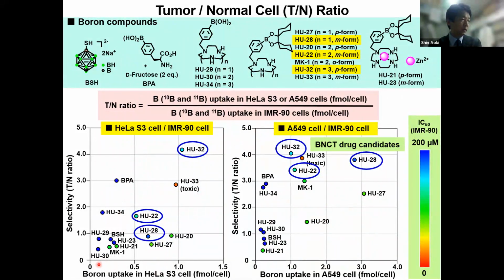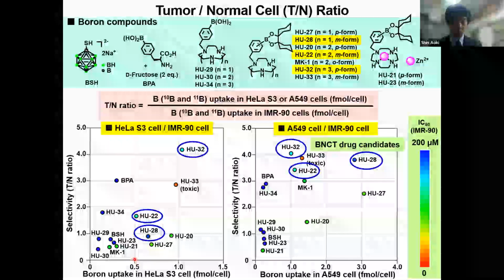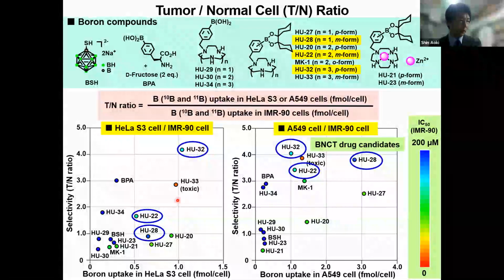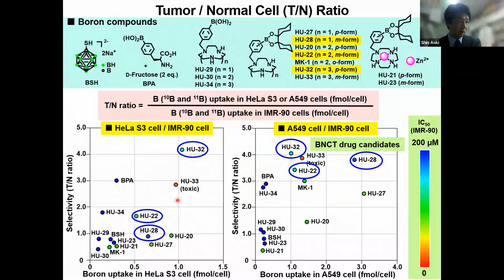The x-axis is boron uptake in cancer cells, and the y-axis is the selectivity between tumor cells and normal cells. Therefore, the upper right points suggest that the compound is taken up in cancer cells more efficiently and with the highest tumor cell to normal cell selectivity.